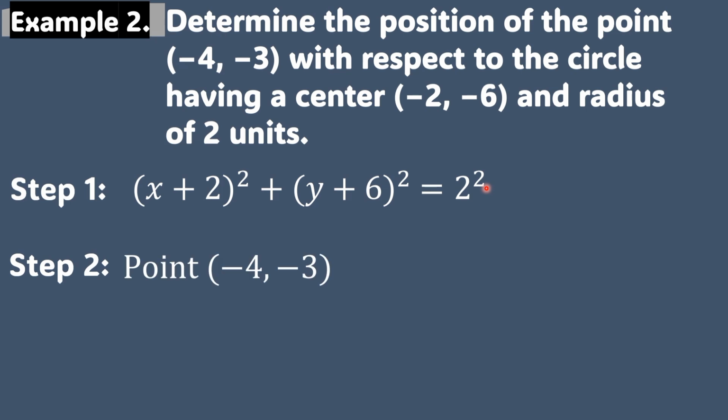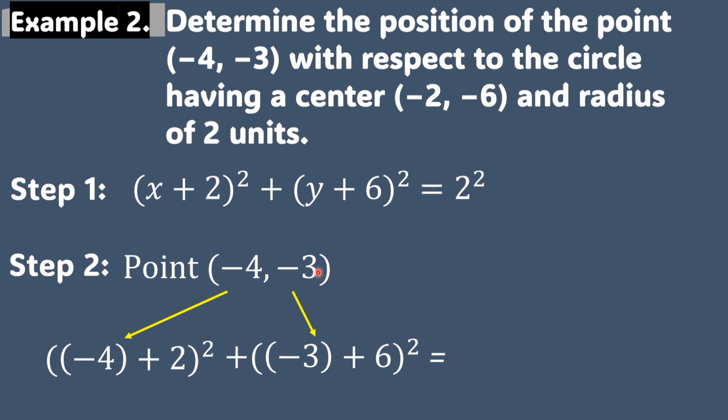Step 2. The point (-4, -3). Substitute this into step 1, the equation of the circle. X is -4, and that is the square of -4 plus 2, plus -3, the y coordinate, plus 6 quantity squared.